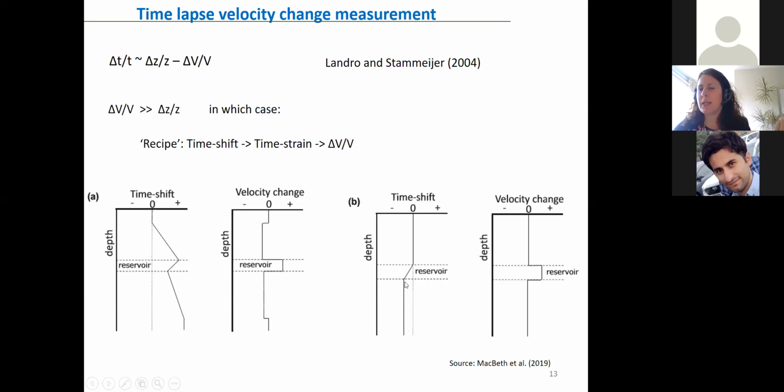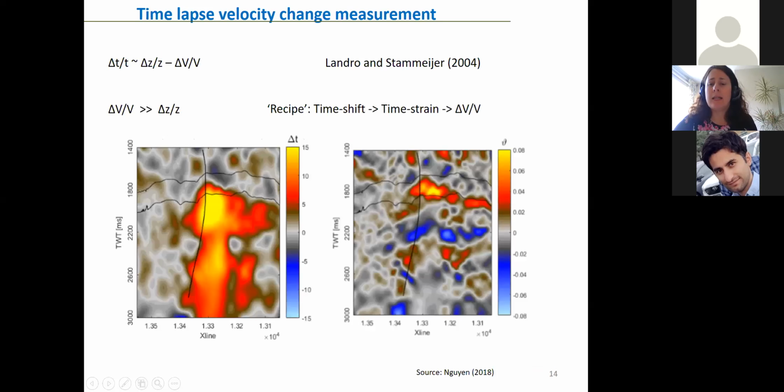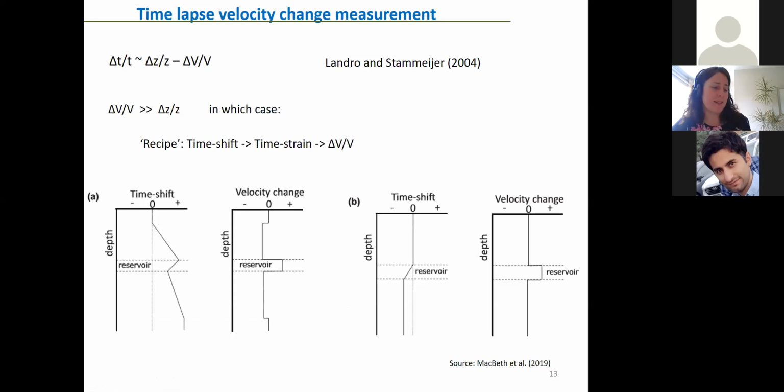So it doesn't really go back to zero unless you have a change in velocity in the underburden. So again, similarly, differentiating your time shift, you're able to get your velocity change, which is a hardening. Now, this is, of course, what we think happens, okay?